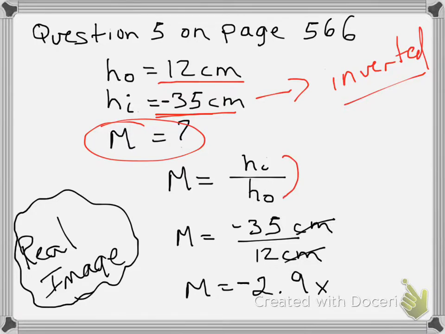We plug in our information, so we know the height of our image is negative 35. We're going to divide that by 12. The centimeters cancel out, so there's no unit for magnification, we just say it's a multiple. So in this case, this is a negative 2.9 times. That's just the amount of magnification that's happening in the object.